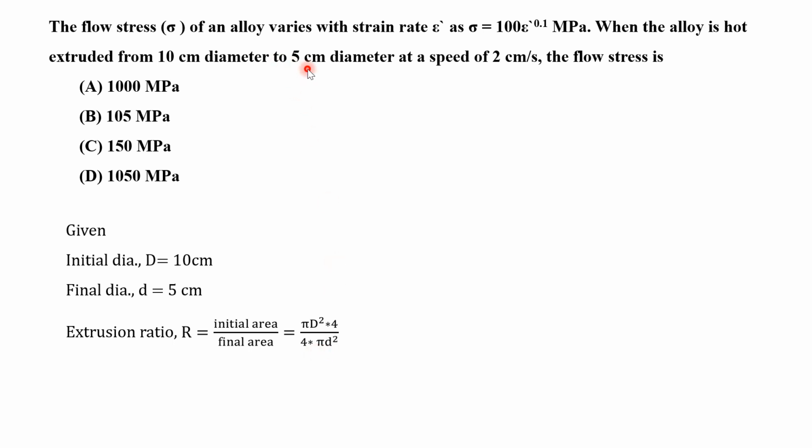So on solving, what will you be getting as the extrusion ratio? All others will be cancelled. It will be capital D square by small d square, 10 square by 5 square basically. It will be 4, right? Yeah, so you got the extrusion ratio.